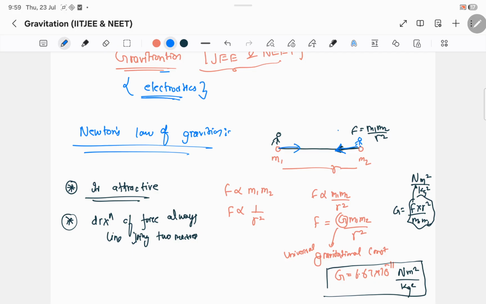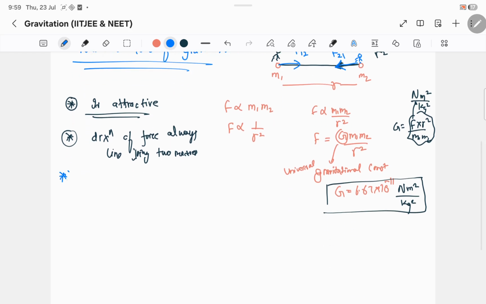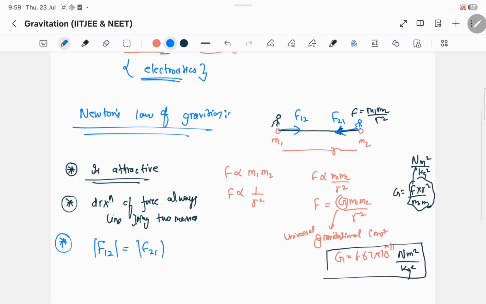So I can say force on 2 by 1 will be in this direction, force on 1 by 2 will be in this direction, but the magnitude will be the same. So the third point I can write: force on 1 by 2 will be equal to force on 2 by 1 in magnitude, and direction will be opposite. These are a few points about gravitational force you have to remember.